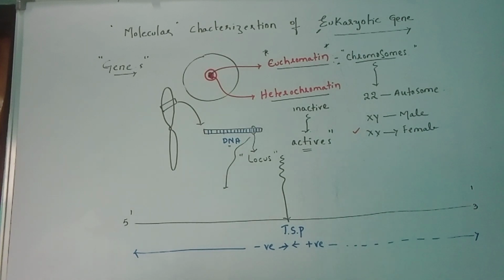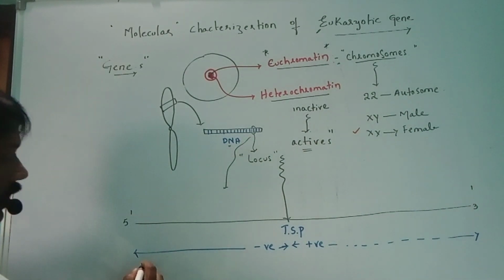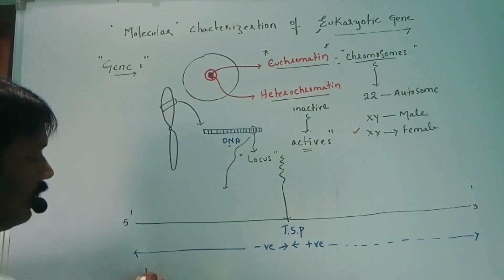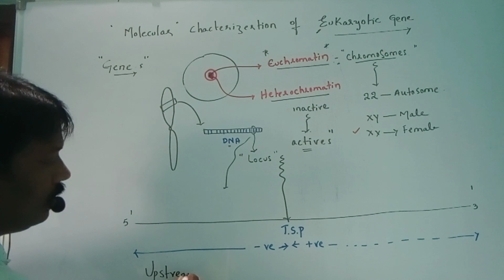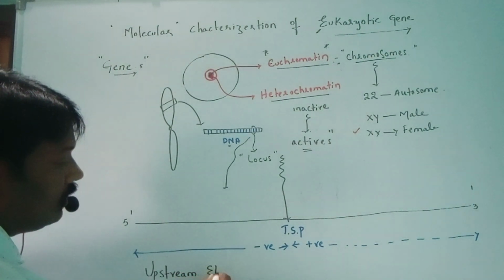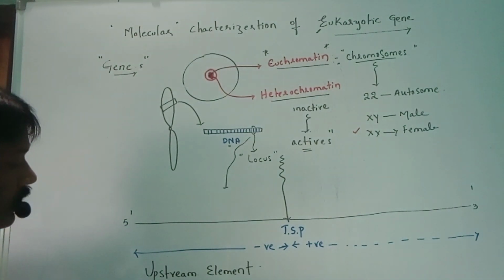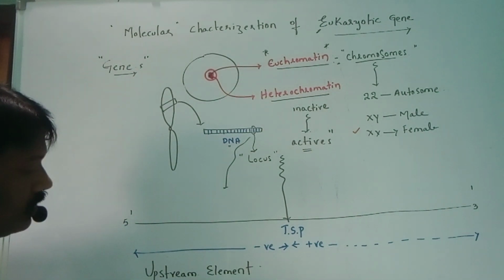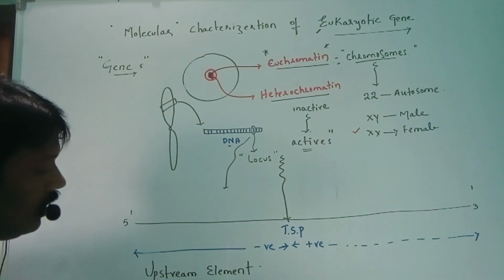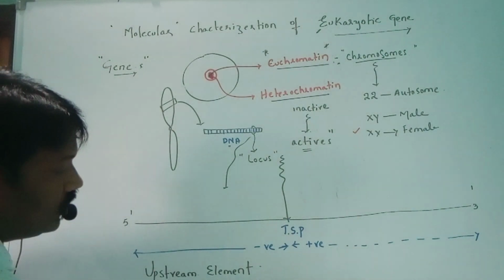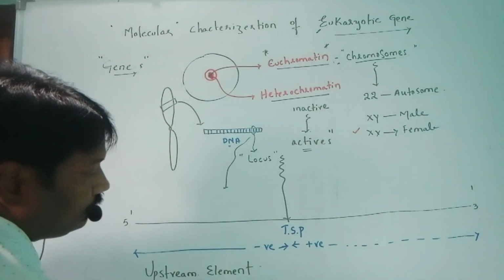That means the eukaryotic gene is divided into two compartments. The first compartment we call the upstream element. It is also known as the controller gene sequence.